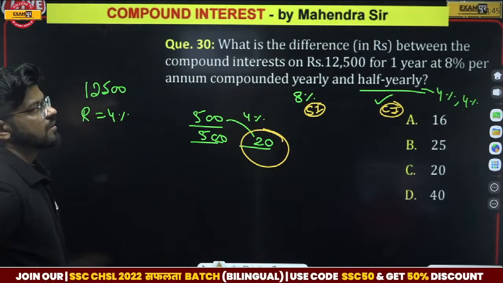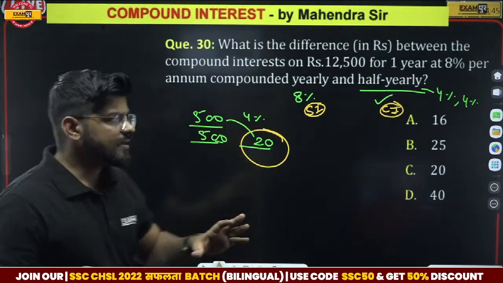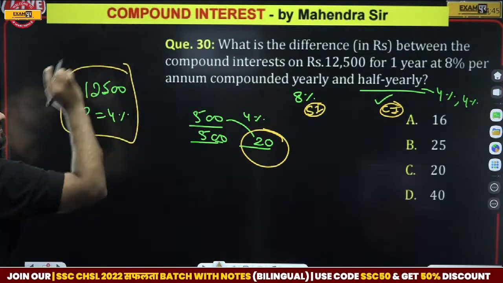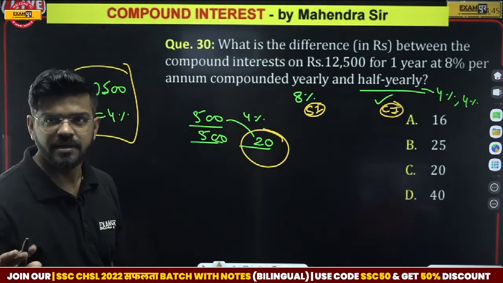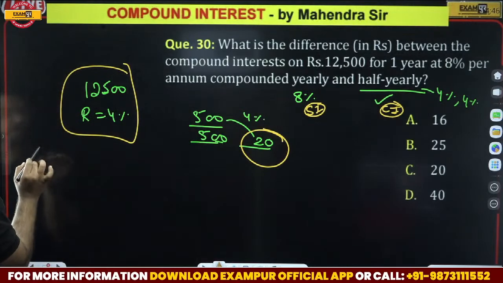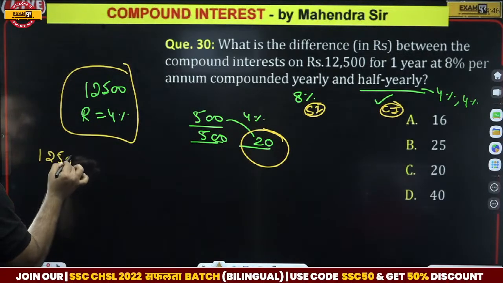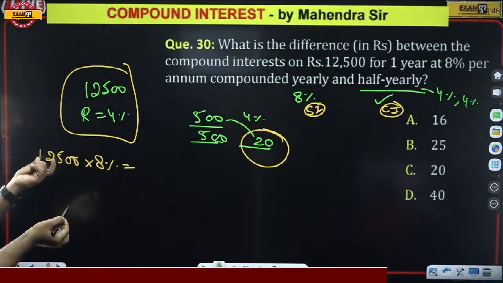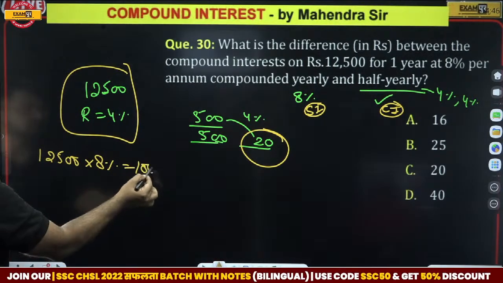Okay. So there is a simple technique. For half year, you know that the rate of interest will be this only. Clear? For 1 year, if I calculate 8% of 12,500, what will I get? I will get 8 times of this, that means 1,000.